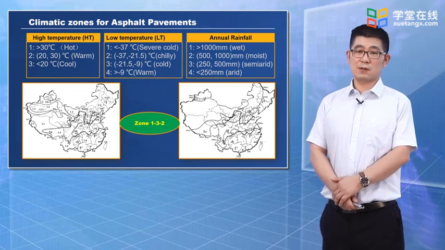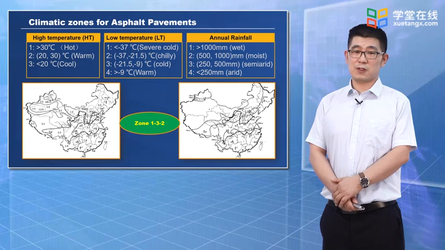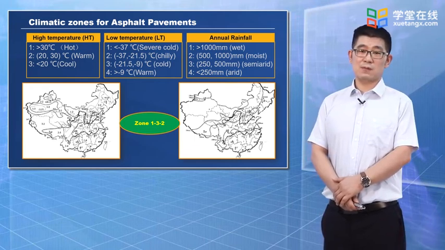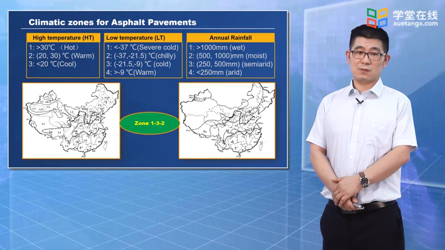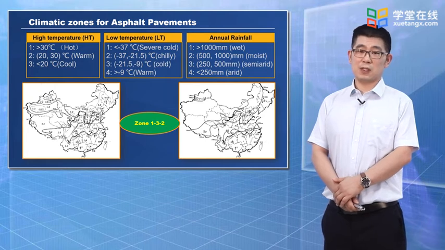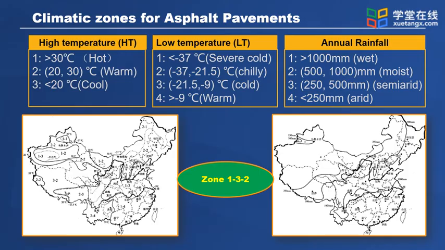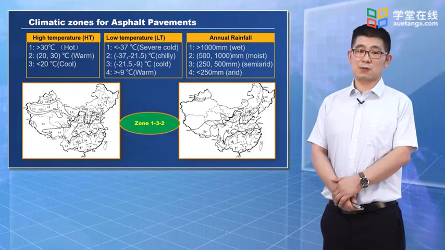For instance, the zone 1-3-2 has the following features. High temperature is larger than 30 Celsius, and low temperature is between -9 and -21.5 Celsius, and the annual rainfall is between 500 to 1,000 millimeters.